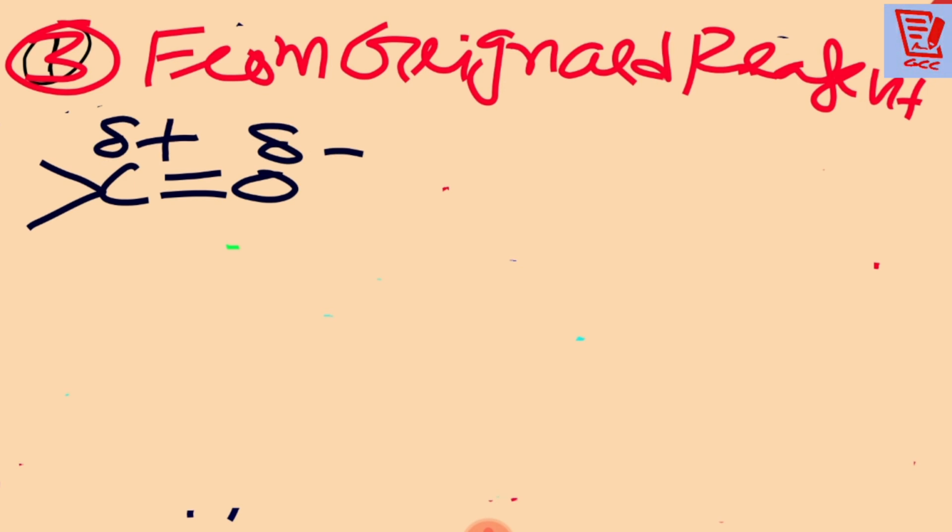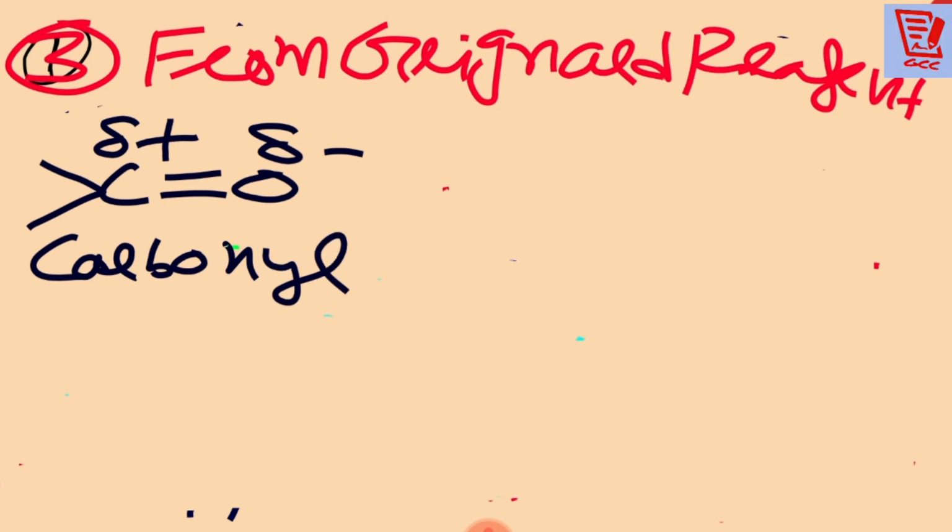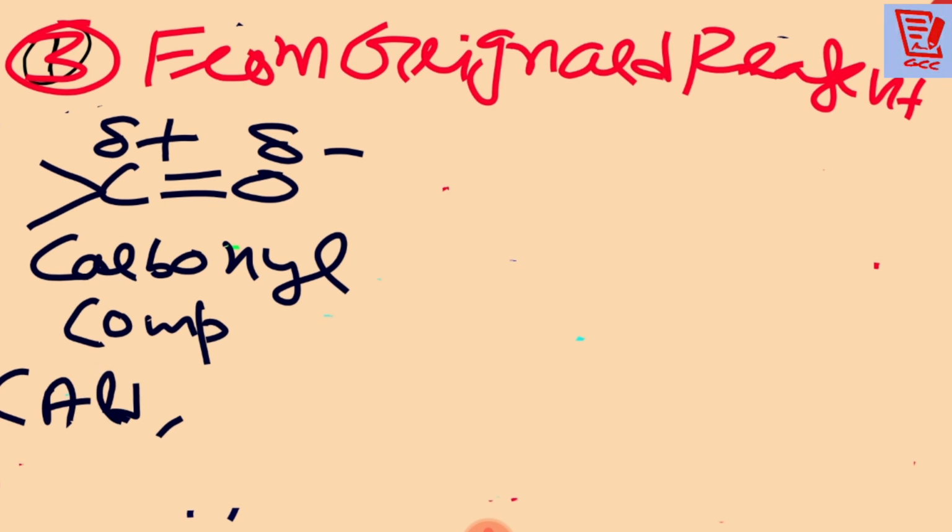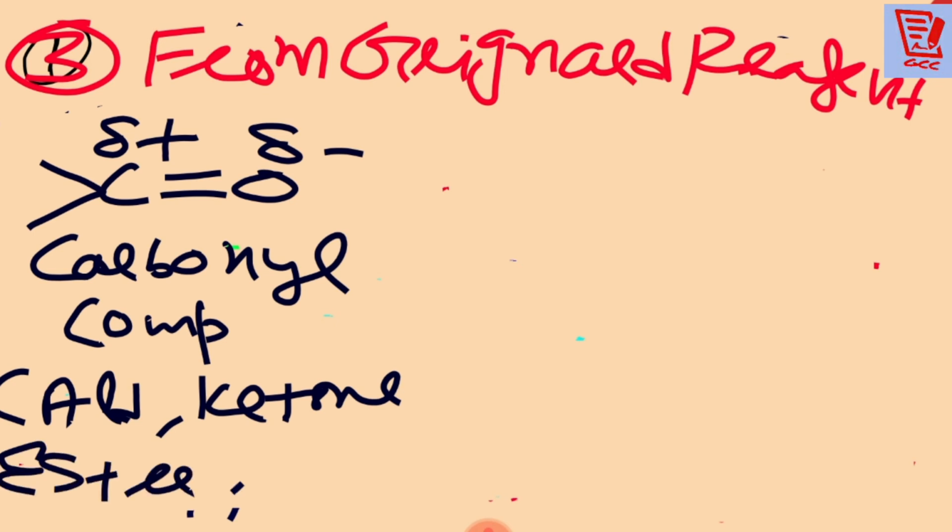This is called a carbonyl compound. Carbonyl compound means it can be an aldehyde, it can be a ketone, or it can be an ester, or it can be a carboxylic acid.